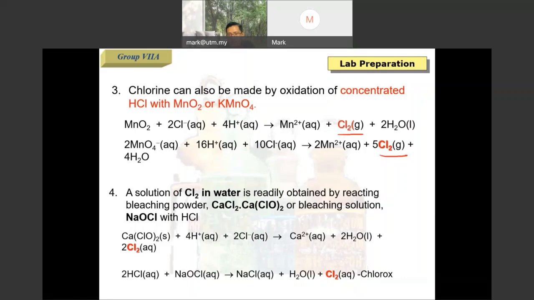If your intention is to form chlorine dissolved in water, then you can use bleaching powder, which has calcium chloride in combination with calcium hypochlorite. We can oxidize it to form chlorine in aqueous solution. So these are in aqueous and these are in gas.